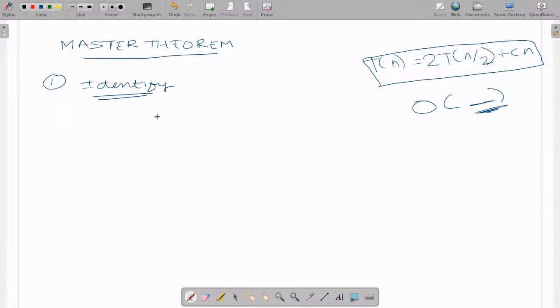And how do we identify this? Any recurrence relation solvable using master theorem will have this form. The T function will look like this: T(n) = a T(n/b) + some function.